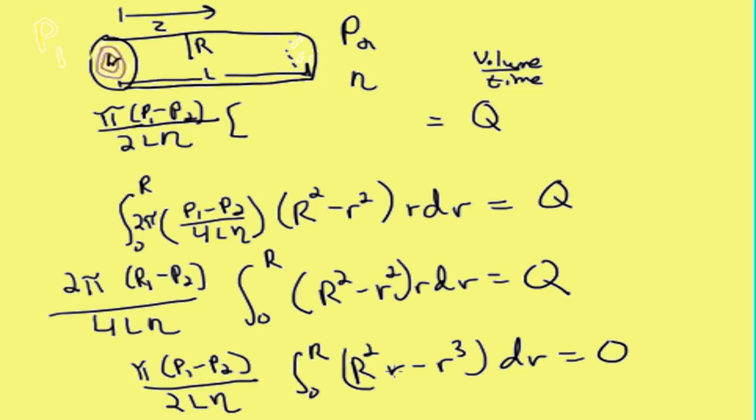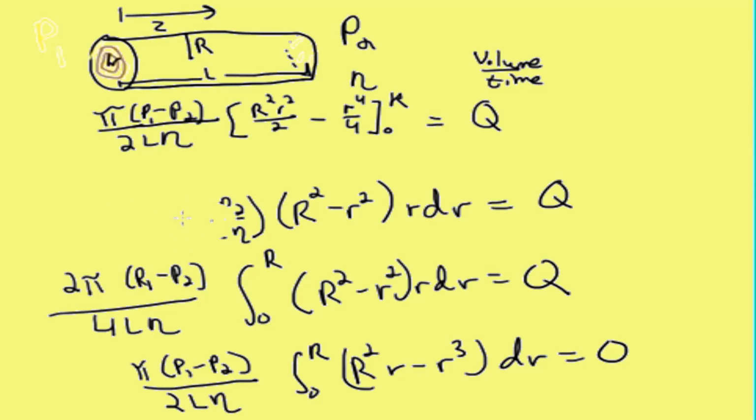So this is just a constant times r, so you add 1 and divide by the new power, so it's going to be big R squared, little r squared all over 2, minus, add 1 and divide by the new power, little r to the 4th over 4, from 0 to big R. So now we just put in our limits.